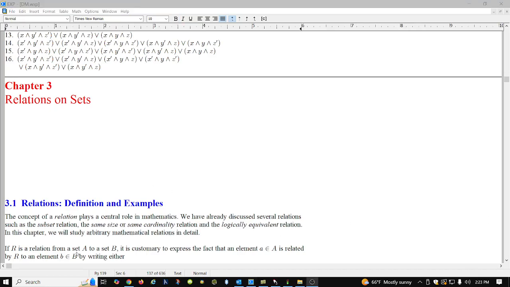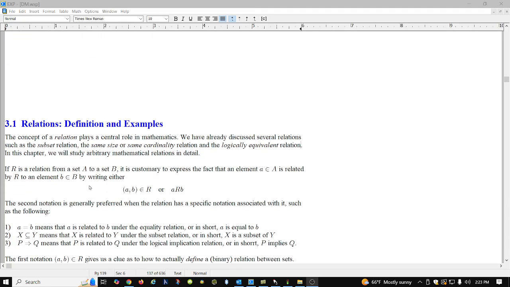If R is a relation from a set A to a set B, then it's customary to express the fact that an element little a in capital A is related by the relation R to an element little b in capital B by writing one of two notations.